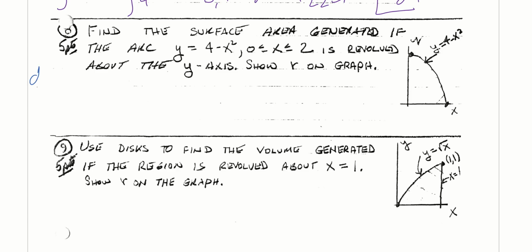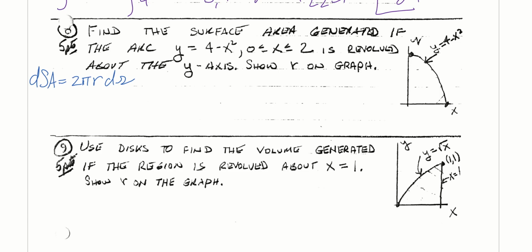I say dSA, so this is for one individual surface area, it's going to be your circumference, so 2 pi r, times your length, because this is how you get the surface area for a cylinder.